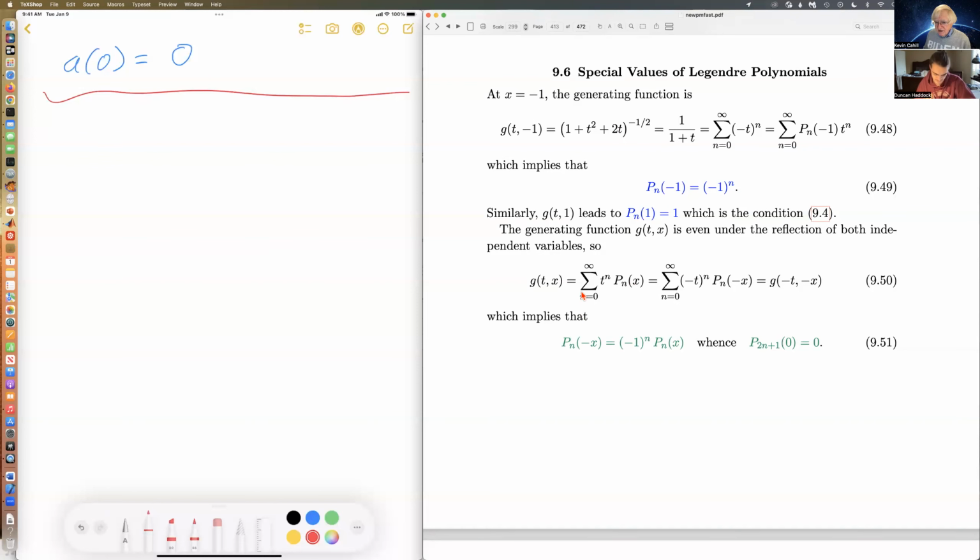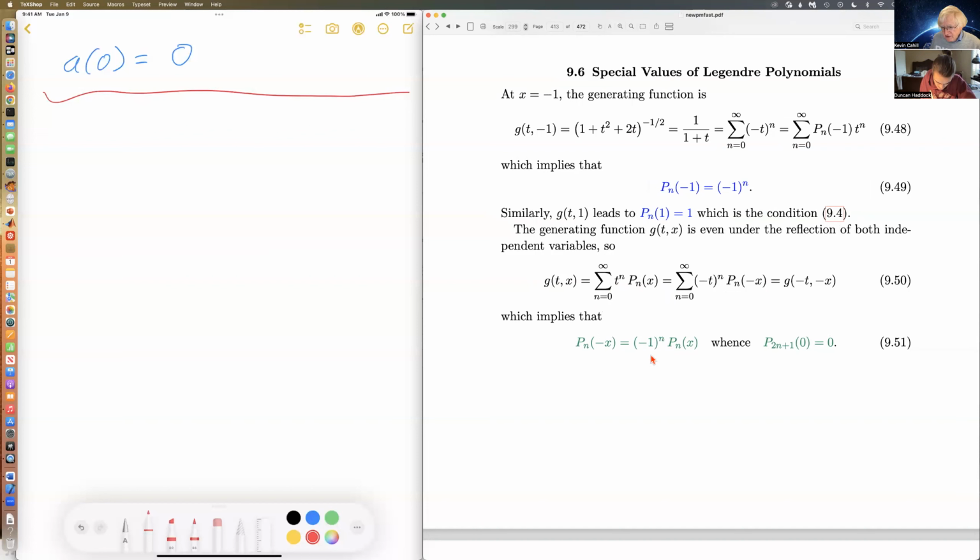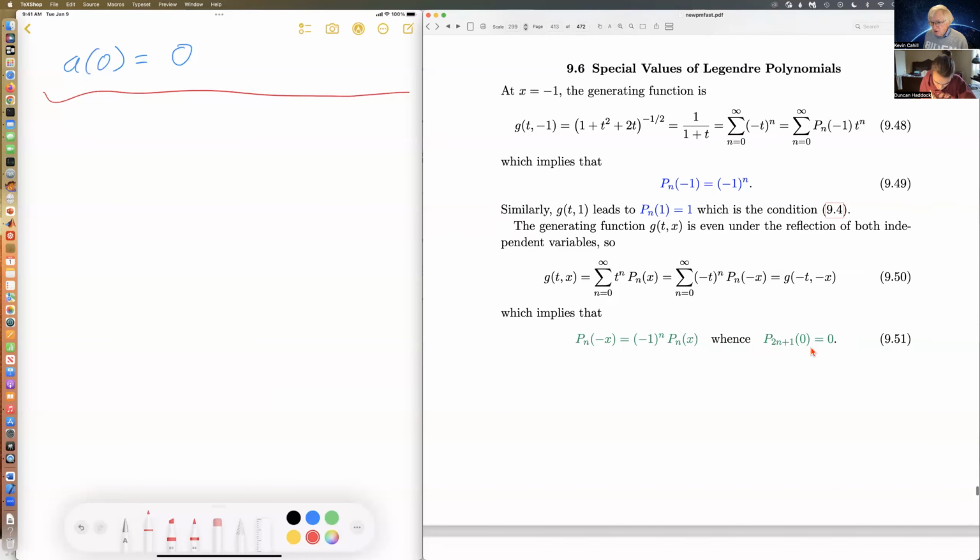And that lets you write this expression, t to the n Pn of x is equal to minus t to the n Pn of minus x. And that then tells you that Pn of minus x is minus 1 to the n Pn of x. And that then tells you that if n is odd and x is 0, the P odd of 0 is 0.